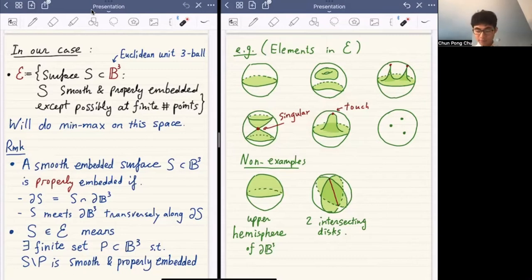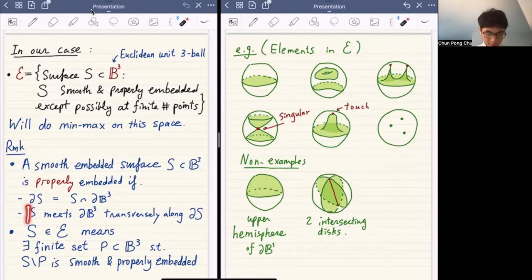In fact, if you only have 3 points in B3, then you can take away those 3 points and then you have the empty set. So that will also be an element in E. As for some non-examples, if you take the upper hemisphere of the boundary of B3, you have a whole upper sphere lying on the boundary of B3.